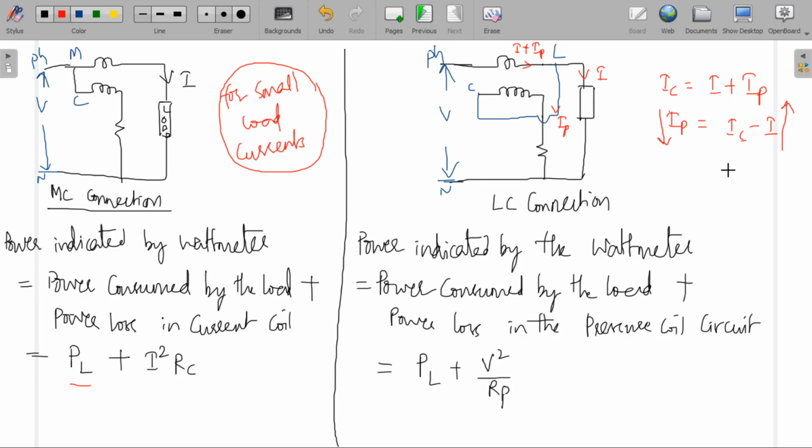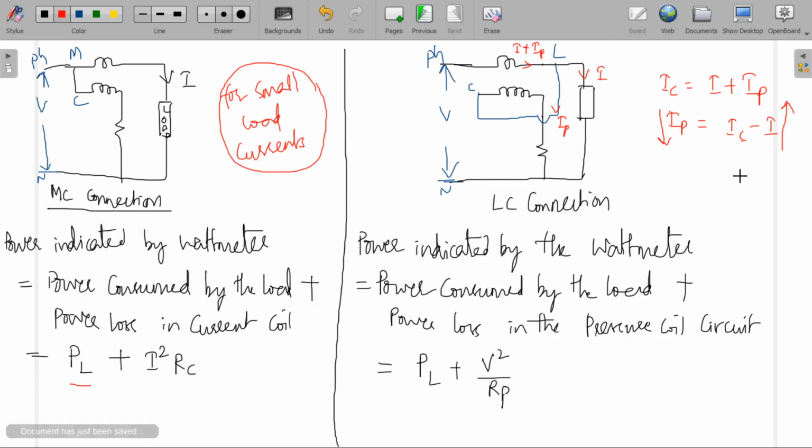So for high load currents, this connection is preferable, because if the load current is more, a smaller amount of current will be flowing to this circuit. When compared to the load current, this will be a small value. When this is small, the power loss in the pressure coil circuit will be small. If the power loss in the pressure coil circuit is small, the power indicated by the wattmeter is nearly equal to the power consumed by the load.